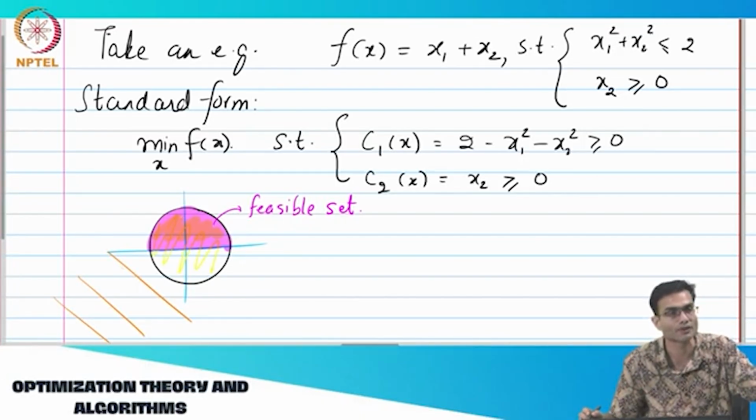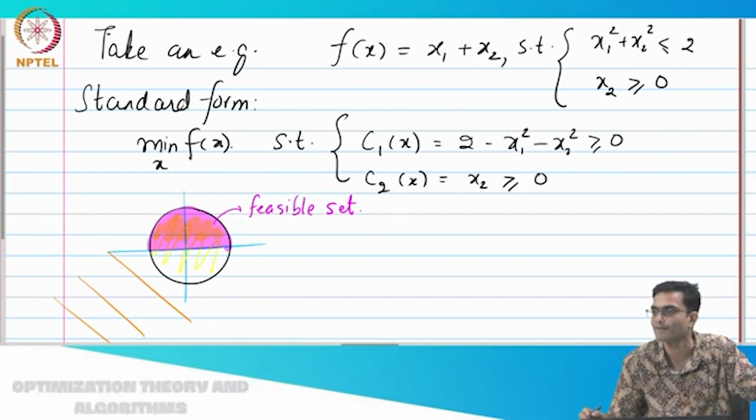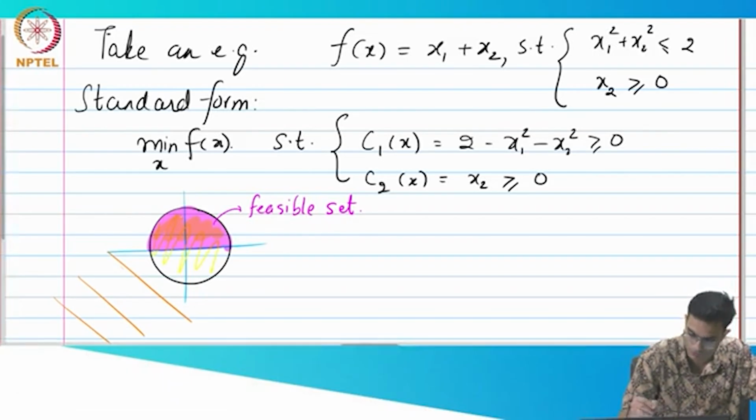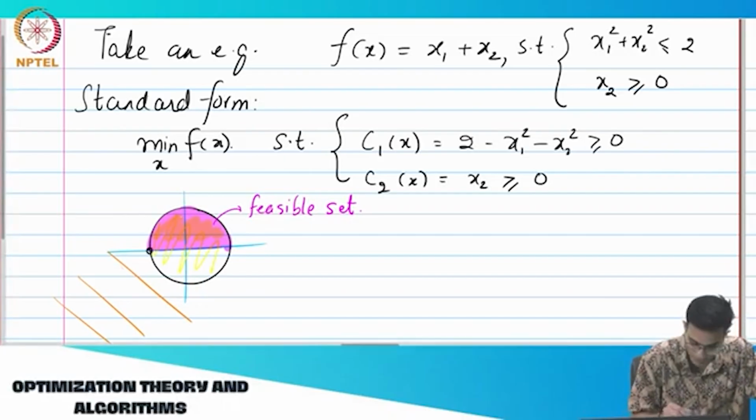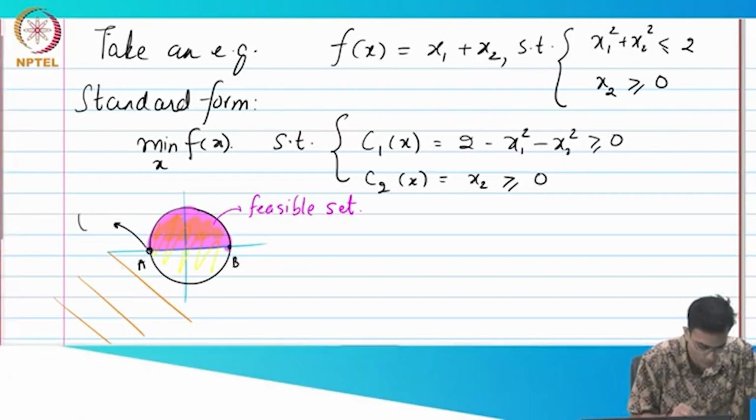So where do you think is the solution? Minus root 2 comma 0, right? So I have my point A. There's another point over here which is also interesting, so let's call it B. So this is minus root 2 comma 0.